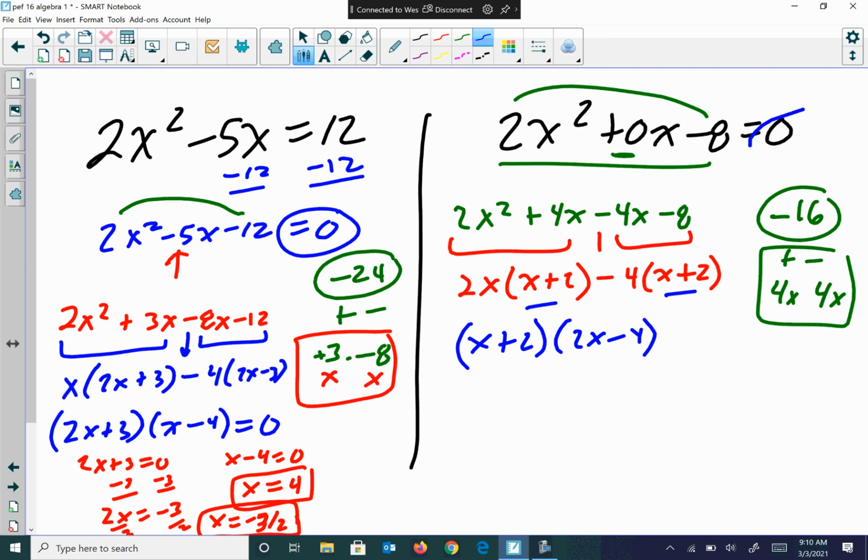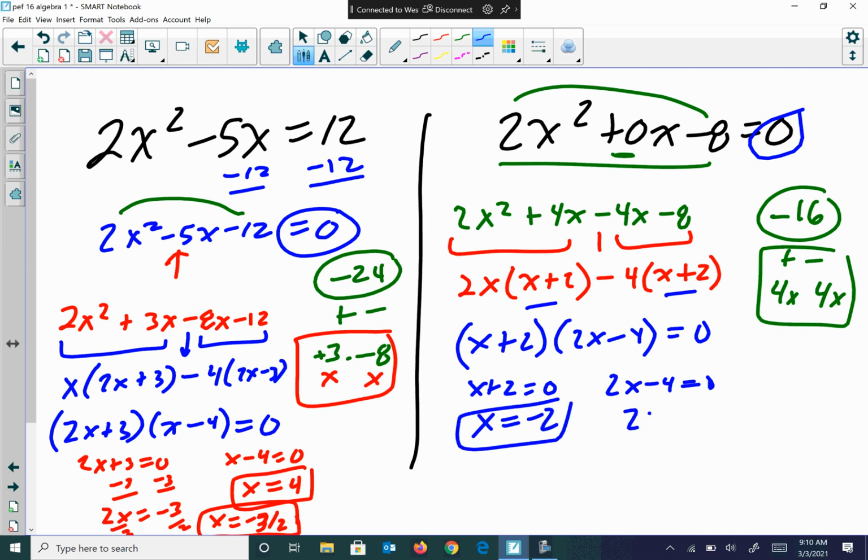Friends, it was equal to 0, so I'm going to set each of those equal to 0. So subtract 2. Let's see, add 4, divide by 2. There's my two answers, my friends.